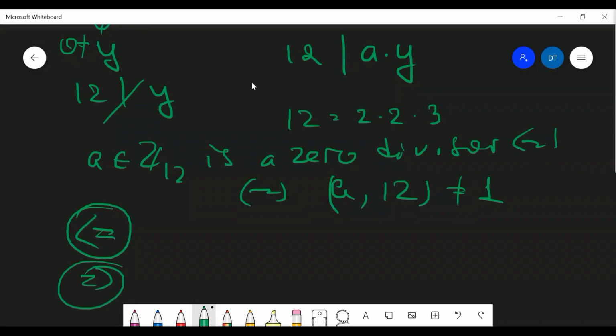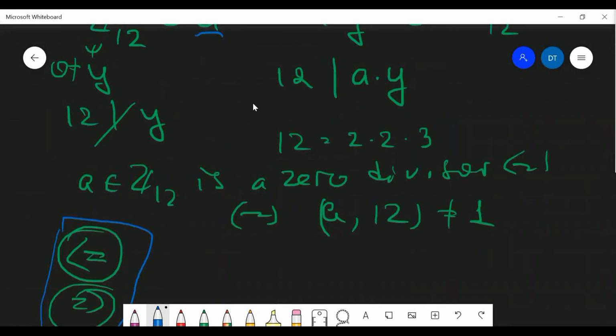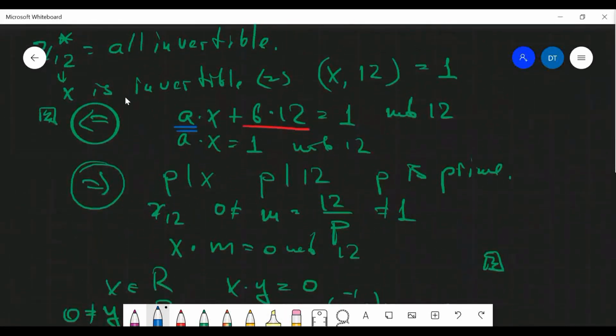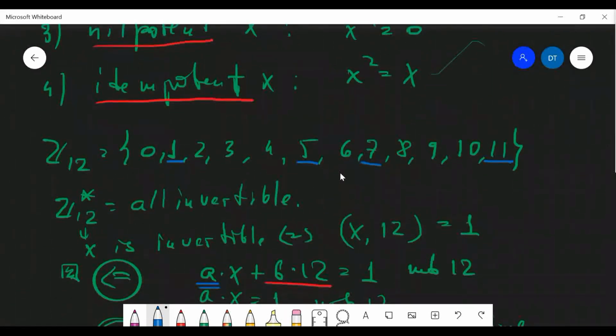So it's also already known. This immediately follows from what we already know. This is just another way of saying what we have done earlier. So that's why, when we found all the invertible elements, the zero divisors are all the remaining elements, the ones that are not coprime with the modulus.